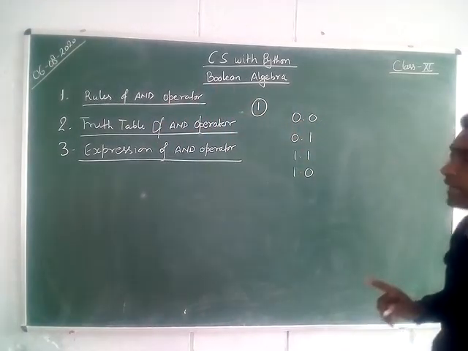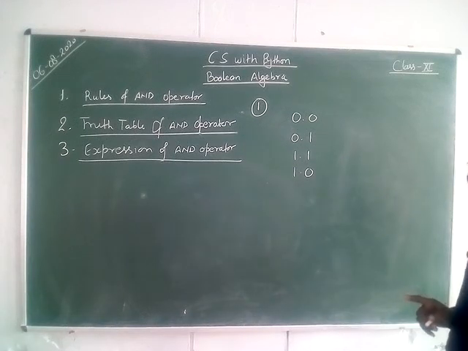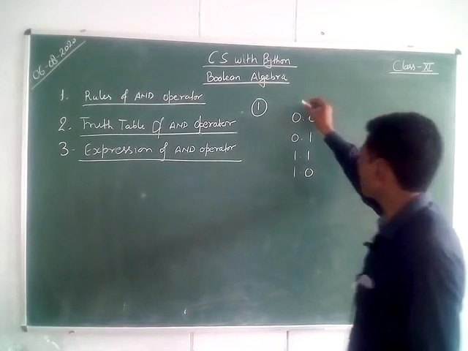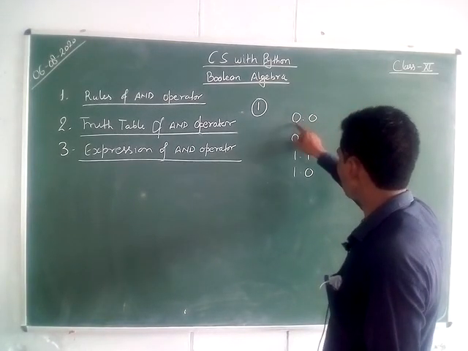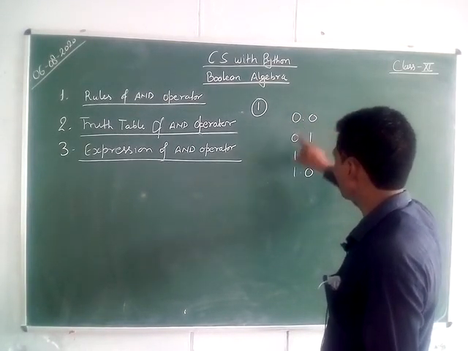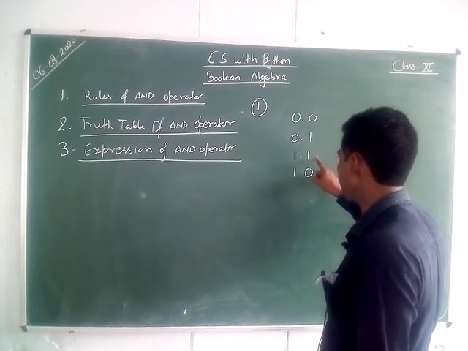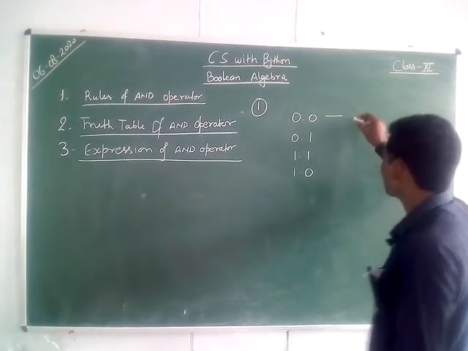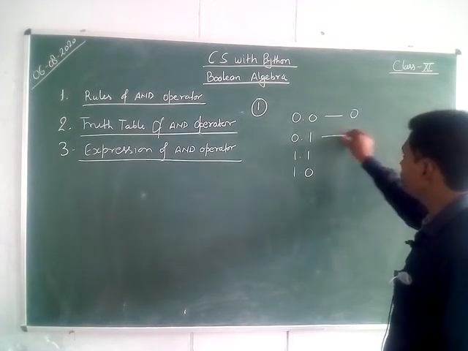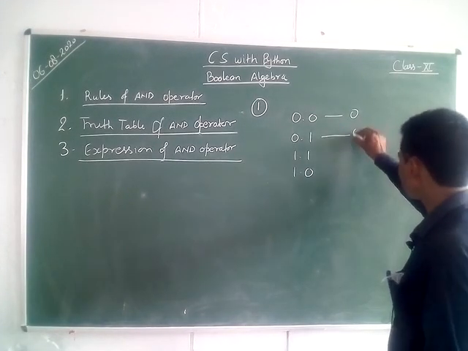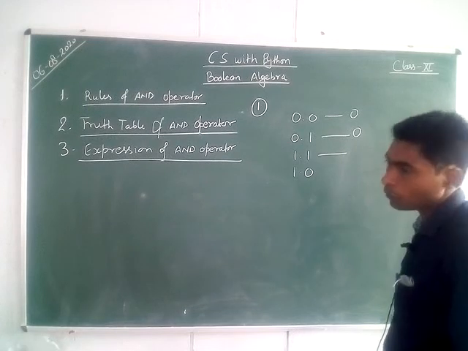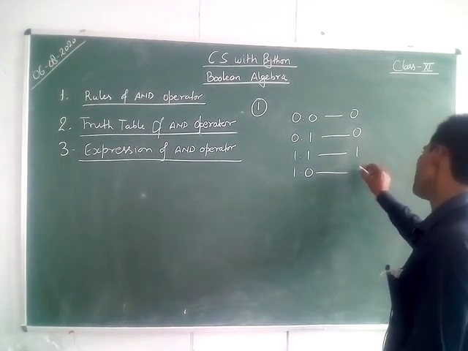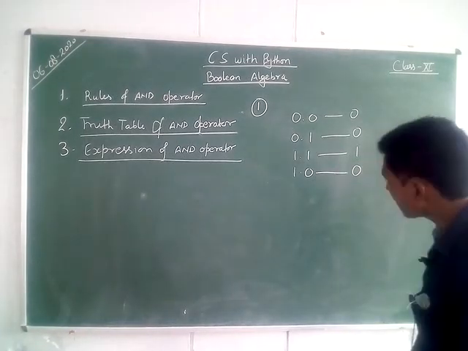For two binary bits, AND operator is used like this. This is the input, first, second, first, second, first, second, first, second. 0 dot 0 becomes 0, 0 dot 1 becomes 0, 1 dot 1 becomes 1 and 1 dot 0 becomes 0.